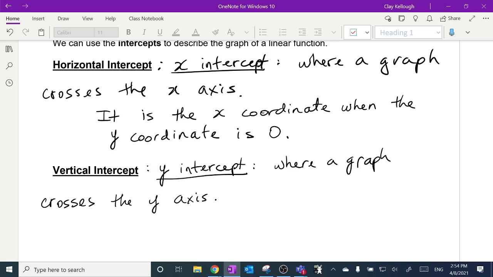Now, I'm actually not terribly happy with these definitions. I'm copying it from the notes that come from the curriculum guide. But I don't like the word crosses because linear ones will cross, but curves have x and y intercepts too, and they don't actually have to cross. You can just touch the x-axis with a curve and the y-axis. But oh well, I guess this is the linear chapter, so linear ones definitely cross.